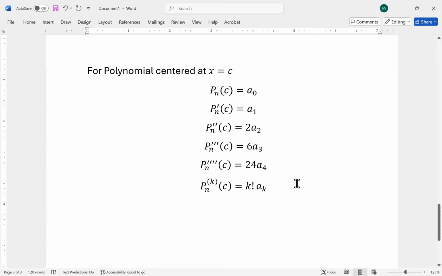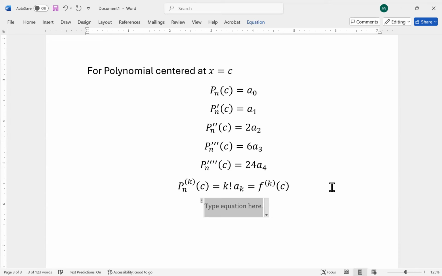And that means each one of these things has to be equal to the kth derivative of f when I plug in c. That means there's a very quick formula for finding the coefficient on each and every one of these.